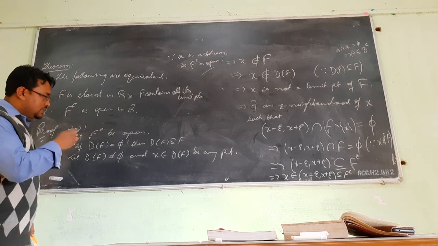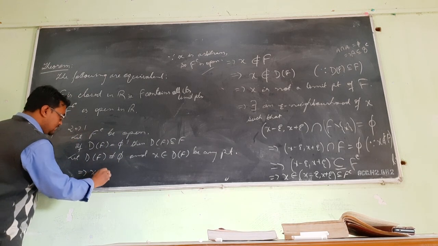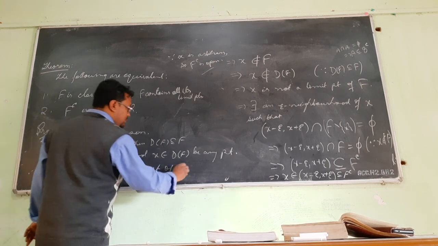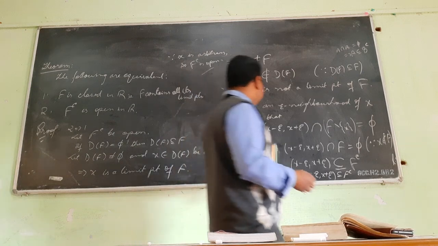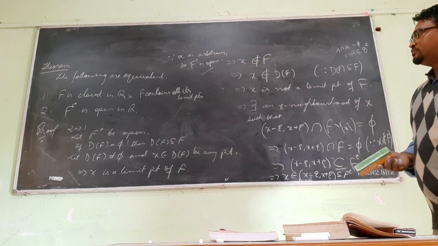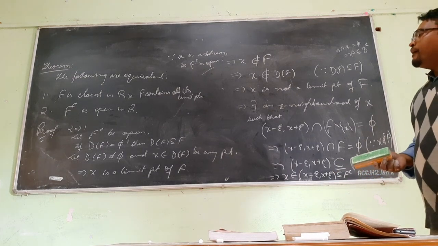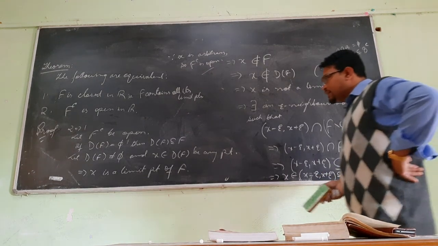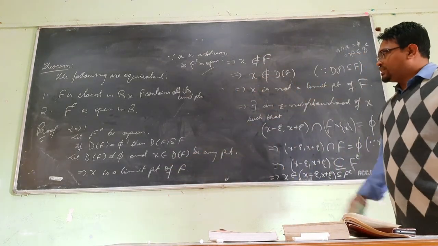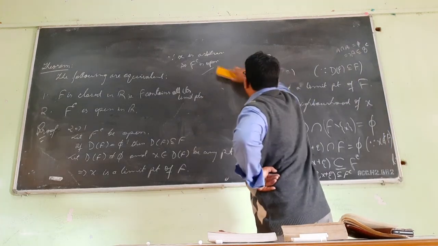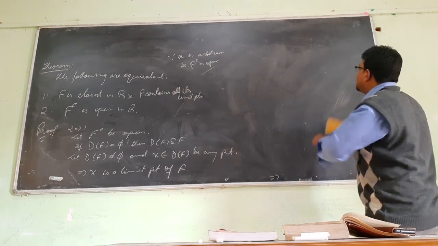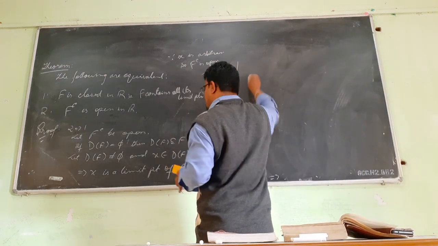So X is a limit point of F. We have to show that X is a point inside F. Okay. So if X is not inside F, then what will happen? We will do it that way, and then we will show that X has to be inside F.